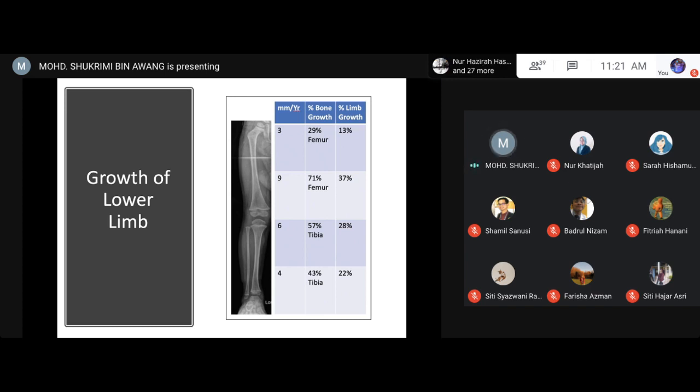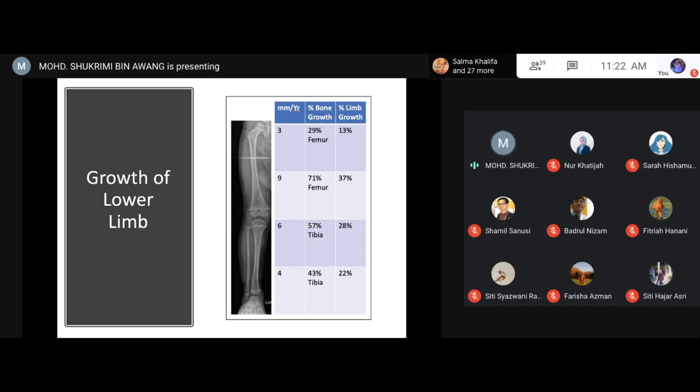We know that a boy will stop growing around 16 to 17. So if the patient had injury at the age of 10, they have another 6 to 7 remaining years for the bone to grow. So if the patient had complete damage here and you don't do anything, they will lose 9 to 10 millimeters times 6 years. So around 6 centimeters the patient will have a limb discrepancy as compared to the normal side.